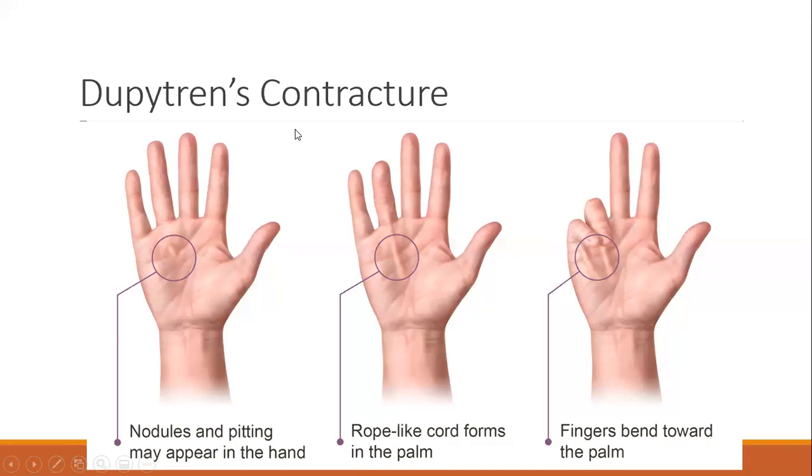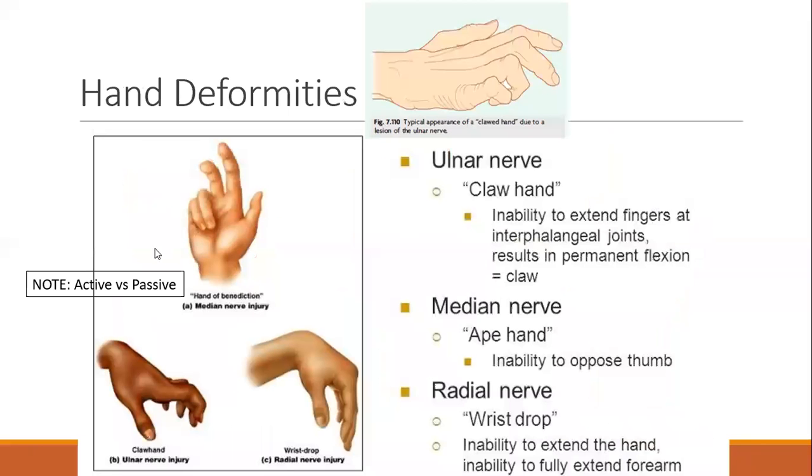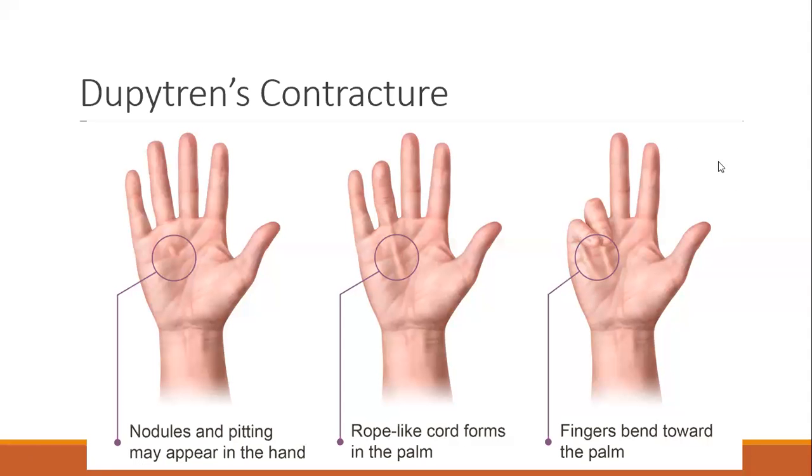So the next clinical correlation that I wanted to mention is Dupuytren's contracture. So Dupuytren's contracture is a progressive fibrosis. So it's a thickening and a fibrosis of tendons of the hand that causes the fourth and fifth digit to become more flexed at baseline. So notice how this has a similar hand arrangement as hand of benediction. The important thing to note is this is the person's hand at rest.